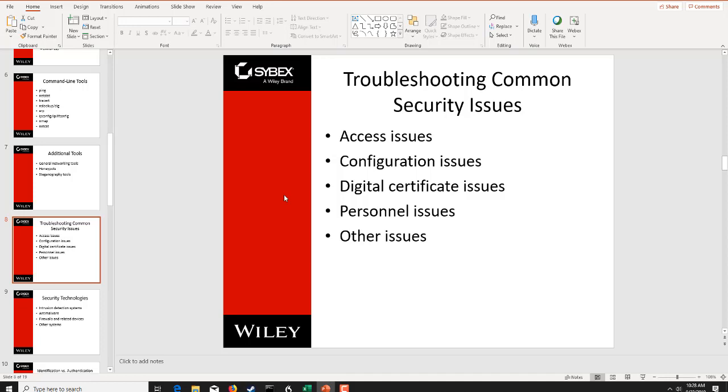Configuration issues is one of the biggest problems within organizations, because a lot of times it's not a fact that you have organizations that don't patch or organizations that forego any type of vulnerability management. It's that an engineer or a sysadmin misconfigures or leaves something open after they've worked on it and a backdoor is set up. Digital certificate issues, I came across this all the time in the financial industry.